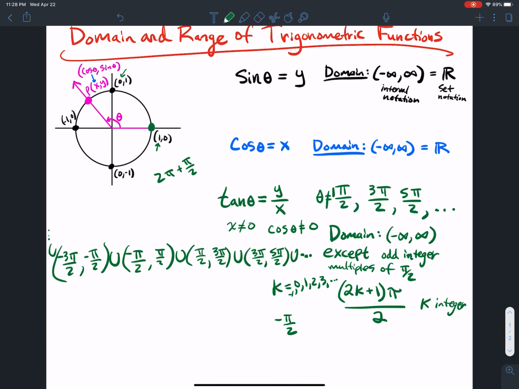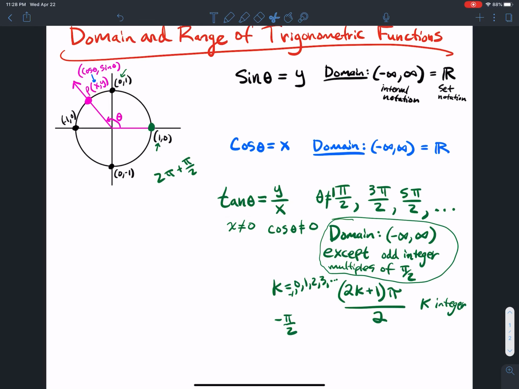But that's kind of nasty to write, so this is maybe a little bit simpler to understand what's going on. So that's for tangent. Oh my goodness, right? So let me remove this part here.